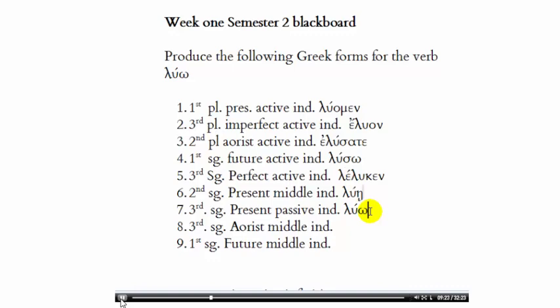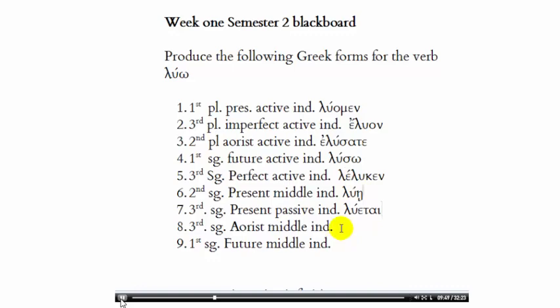That's not true, however, of the future or the aorist, so remember that fact. The third singular present passive indicative will again use mai, sai, tai, metha, sthe, ntai. So tai is what we want here: luetai. And there we are. The accent goes back to the antepenult.